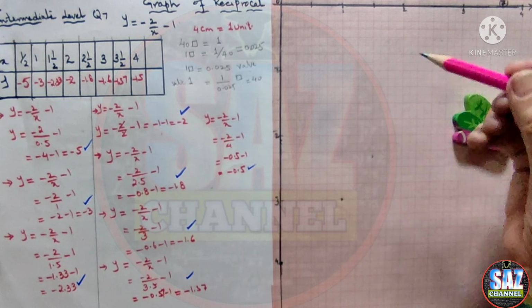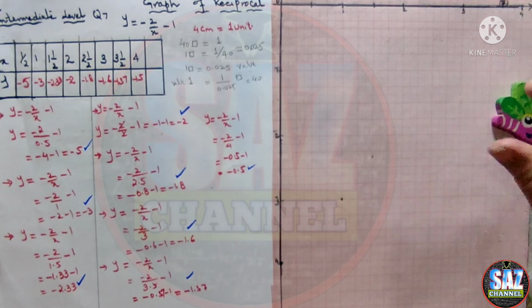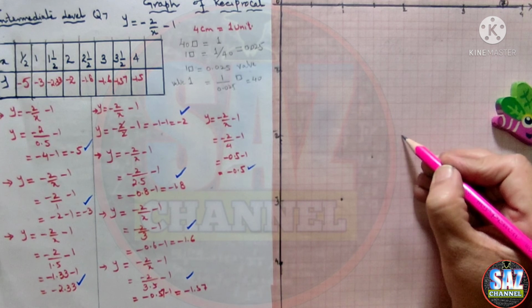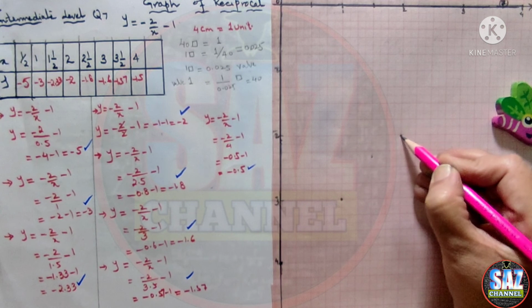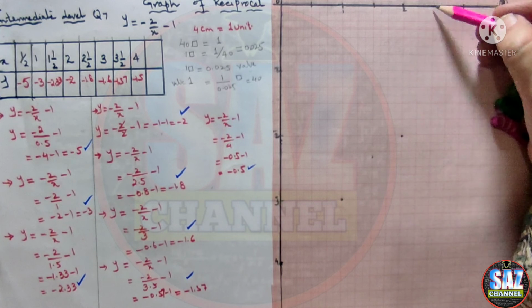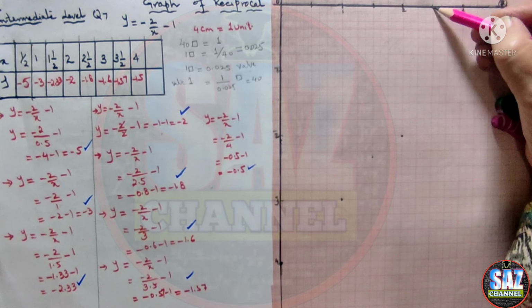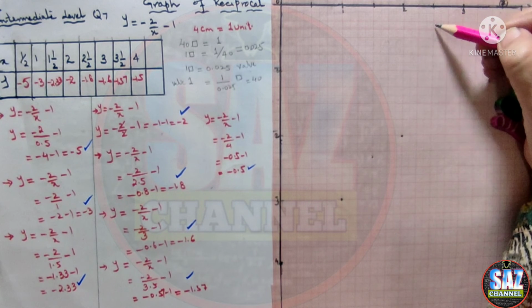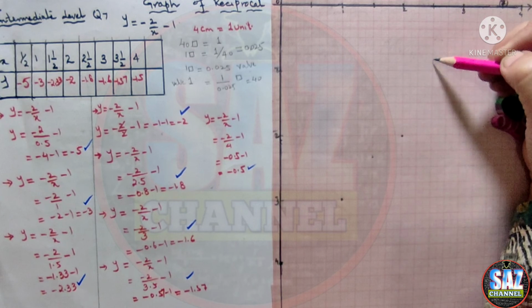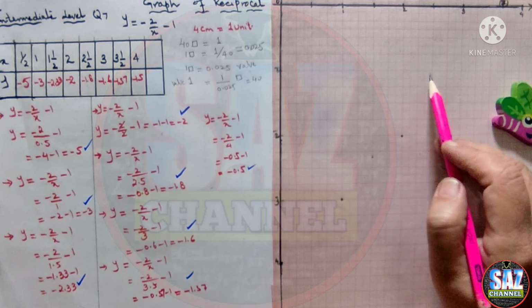At positive 2, the value of y is minus 2. At 2.5, first reach the position of 2.5, and the value is minus 1.8. Reaching minus 1 is really easy.